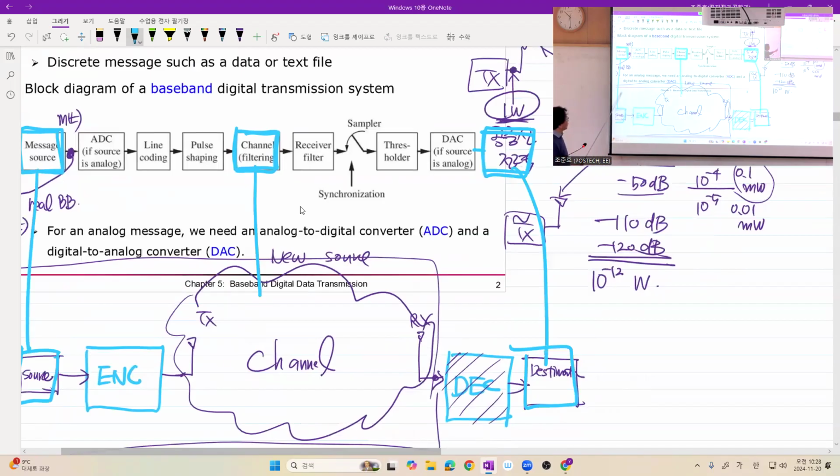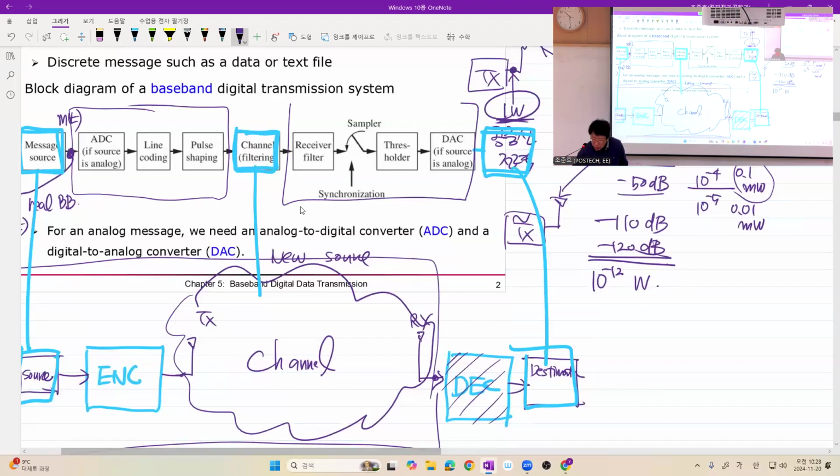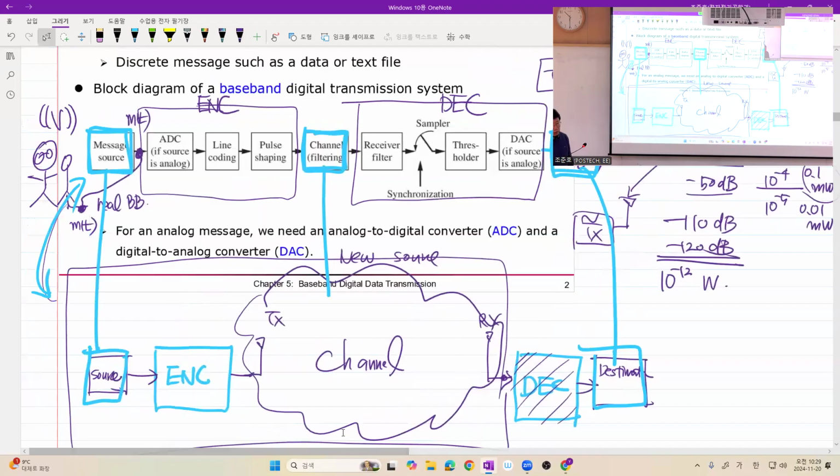So you have source, you have channel, and you have destination. And we design what? We design this part, and we design that part. And this may be called encoder, and this may be called decoder. But sometimes it may be called transmitter and receiver or something like that.